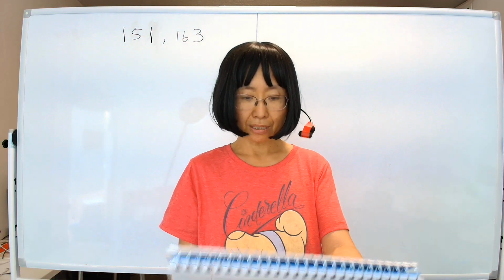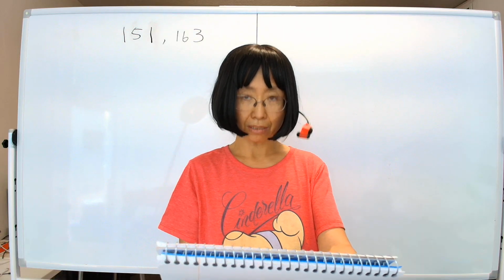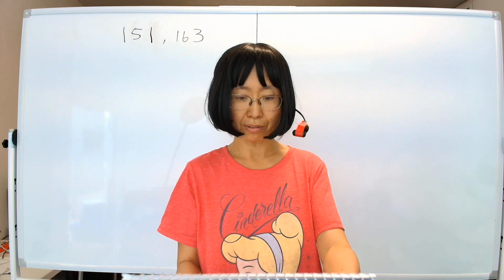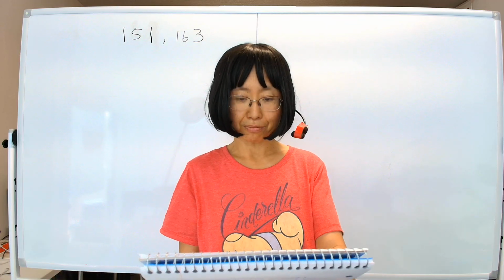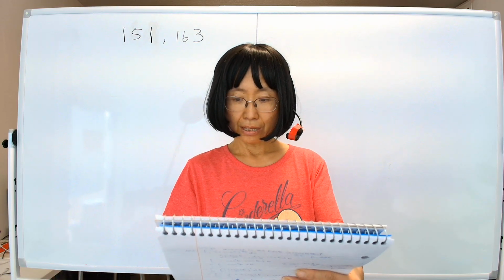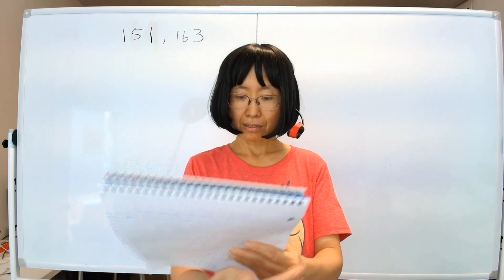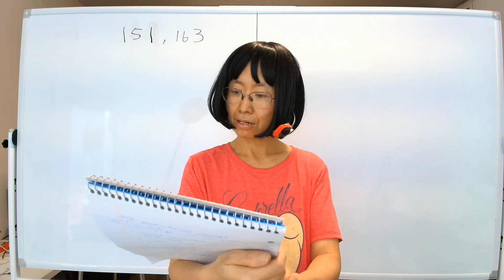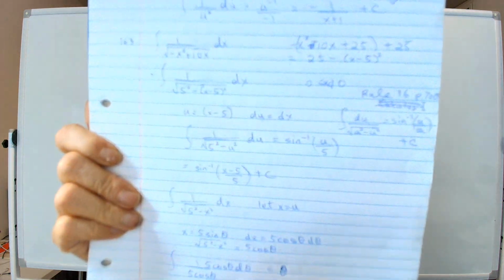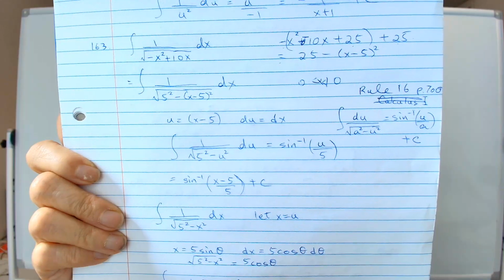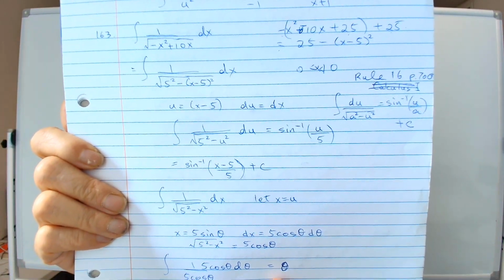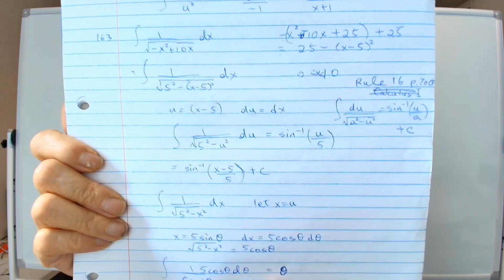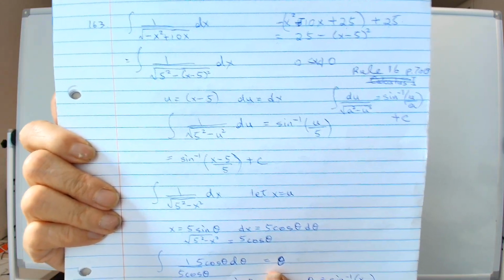163 is the integral of something that looks hard, the square root of some polynomial. But if we complete the square like we did in the previous problem, then everything works out pretty good. To complete the square, if you don't remember how that's done, just look it up on the internet.